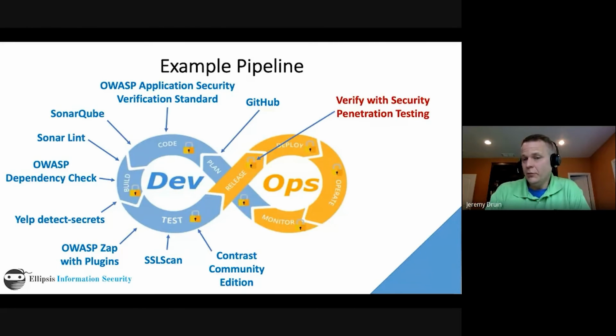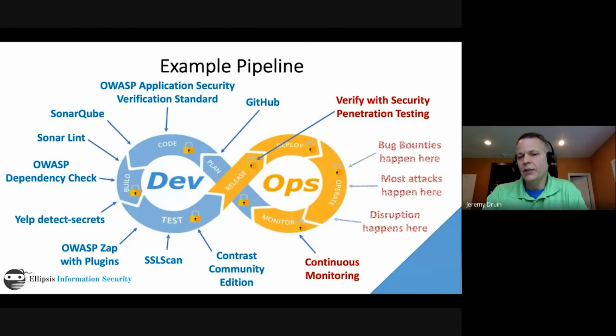Before we release the code, we do the penetration testing. And while the application is running in operations, we're going to continuously monitor it, because who knows what new vulnerability is going to come out next week. And then we also mentioned that, unfortunately, this is where a lot of our problems are going to occur if we have not dealt with the security issue by this point.